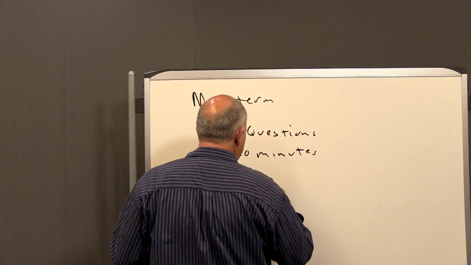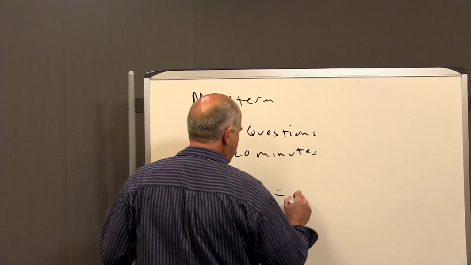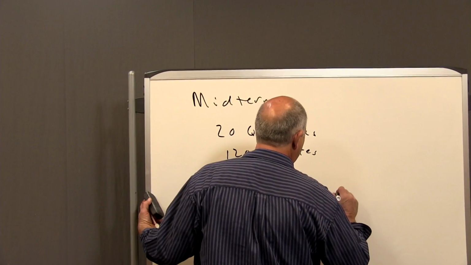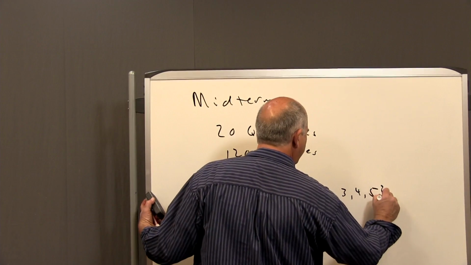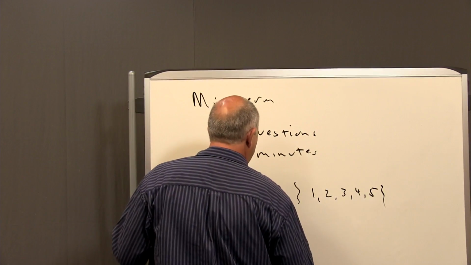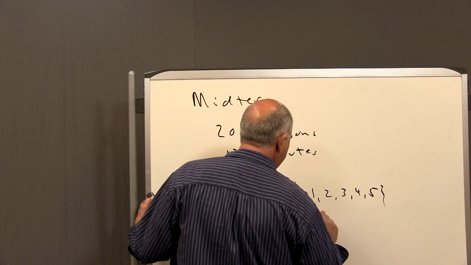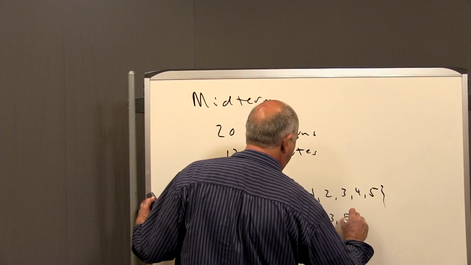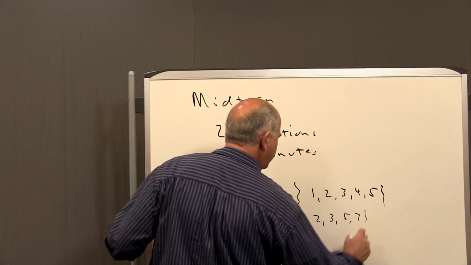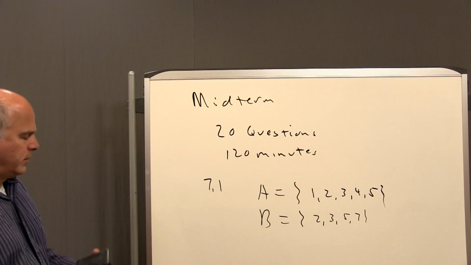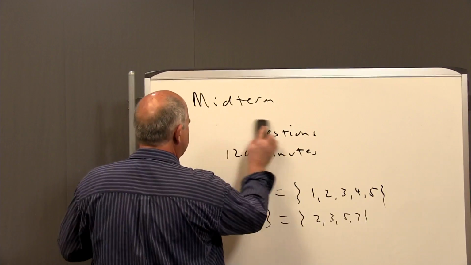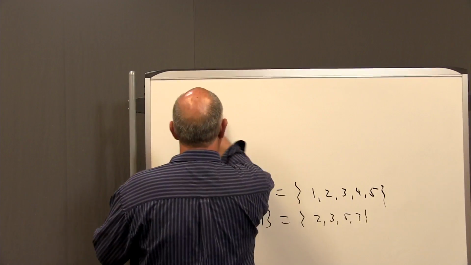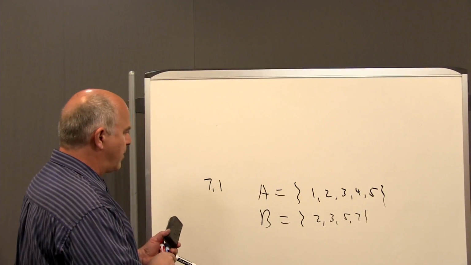Remember, a set is a bunch of objects, so we'll say A might be 1, 2, 3, 4, 5, and maybe B might be 2, 3, 5, 7. Just as an example, and we did some operations with those sets, some just basic operations.